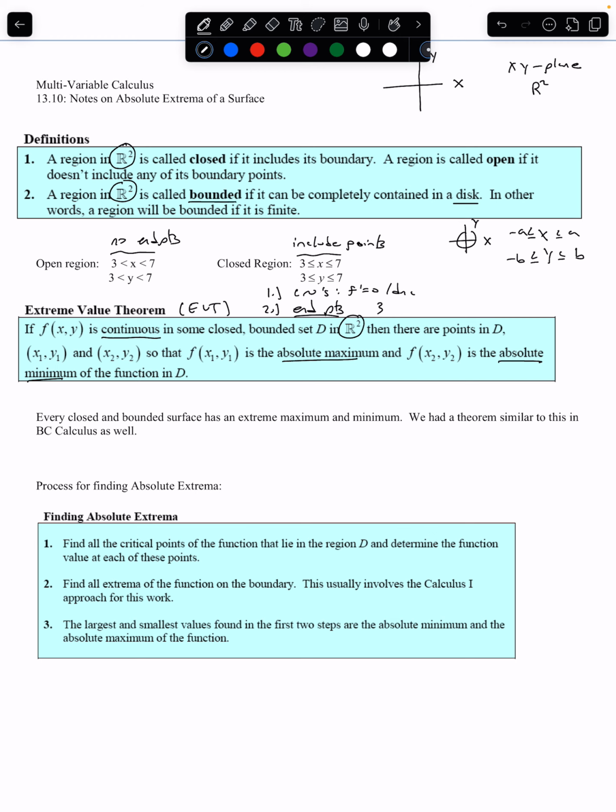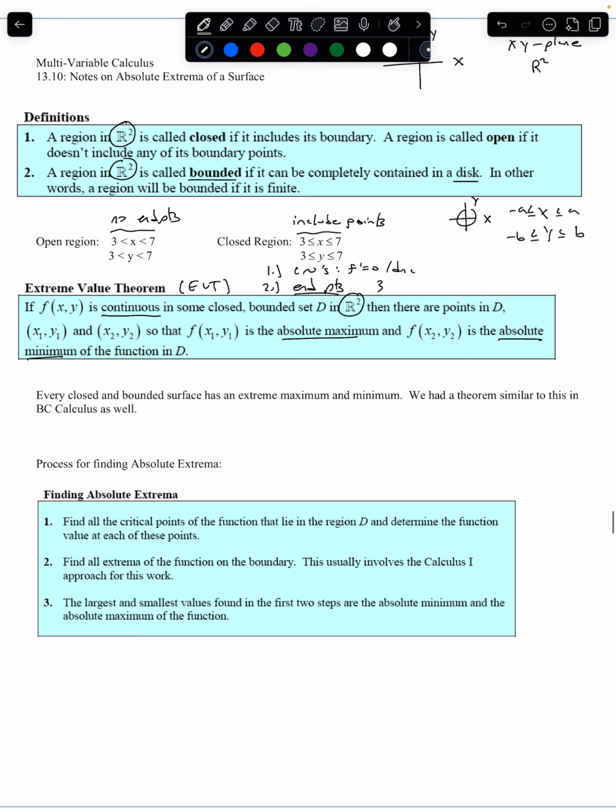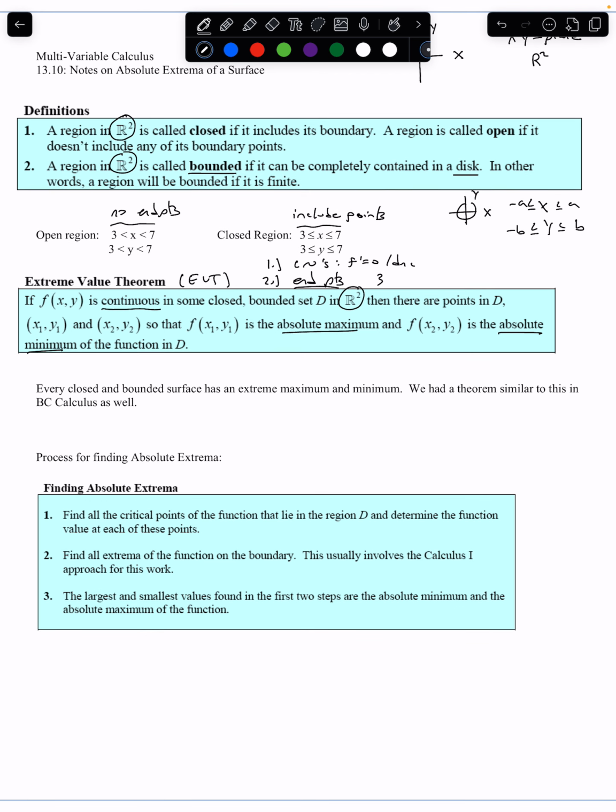We saw this last year in BC as well. What the extreme value theorem is really telling us is that if a surface is closed and bounded, it has to have extreme values.